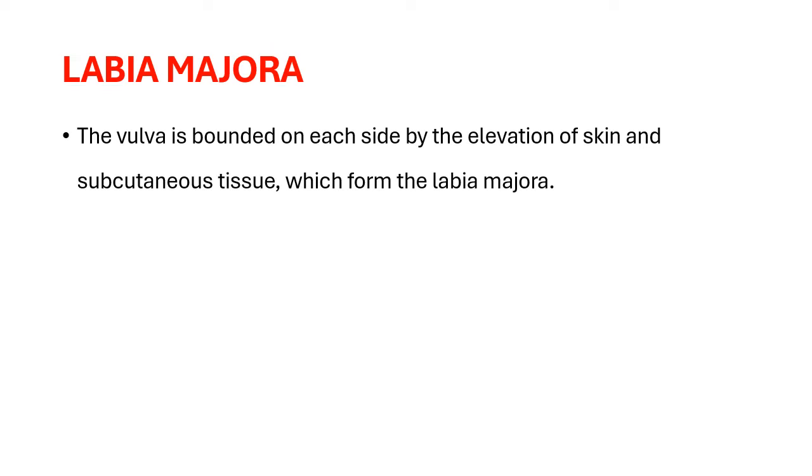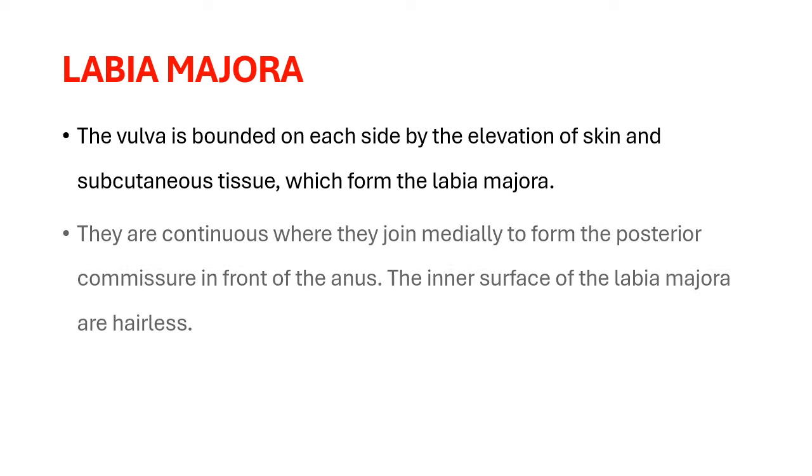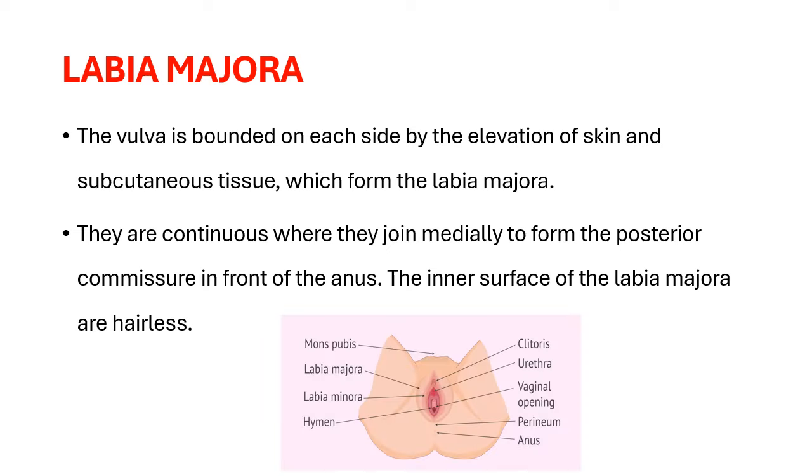Next is Labia Majora. Vulva forms labia majora, which is bounded by skin and subcutaneous tissue. Medially it forms the posterior commissure in front of the anus. The inner surface of the labia majora is hairless.